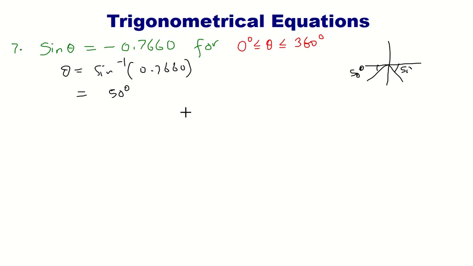So how do we get the values of theta that give us sine as a negative? Because this one, if we put 50, gives us a positive. Since they want positive values, we come from the zero mark, move anti-clockwise until we find any of these lines that made 50 under the horizontal line.